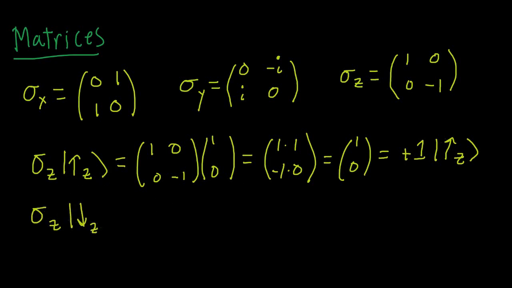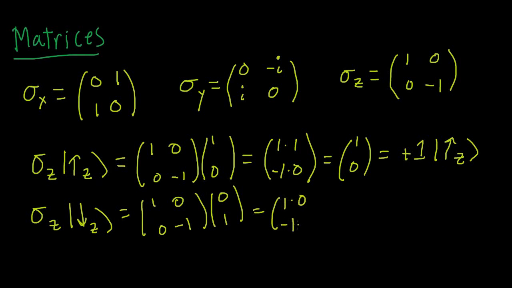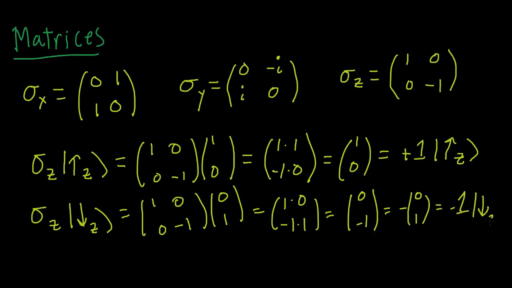Now, what about the spin-down state along the z direction? Well, it should be pretty easy to see that when we act with sigma sub z on the spin-down state, we have 1 times 0 and negative 1 times 1, which is just equal to 0 and negative 1, which is equal to negative 1 times the spin down state along the z direction.